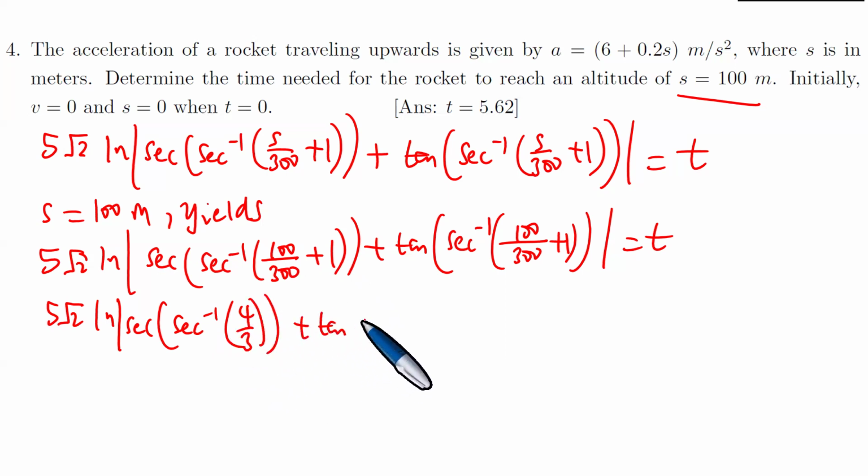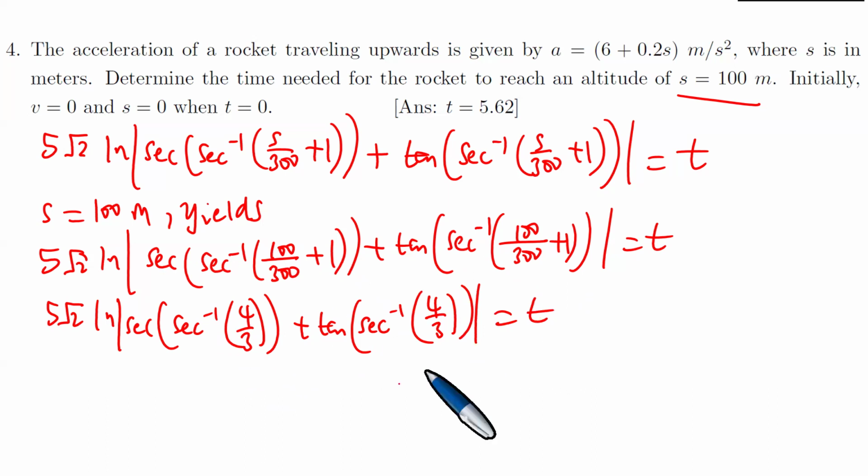Plus the tangent of this one here, which is arc secant of also 4 over 3, equals T. Okay, so we're good. Now at this point, we need to get the actual answer to this, and this will be the time. It's a slightly interesting question, but you need to think a little bit.